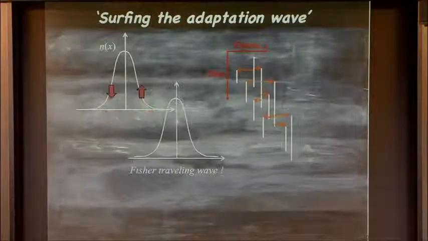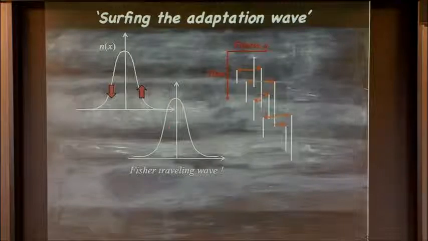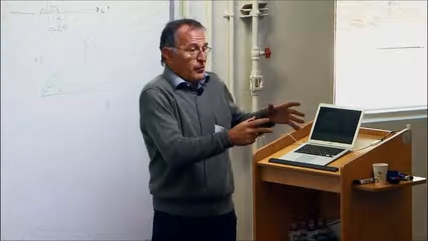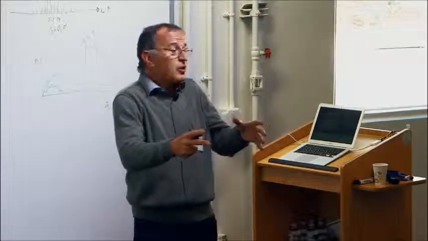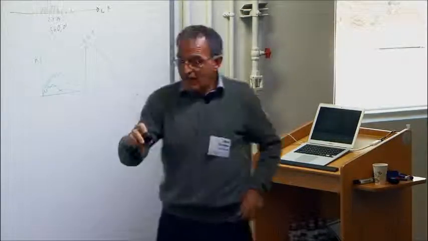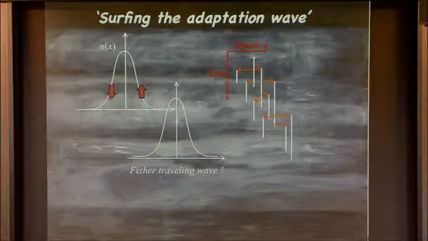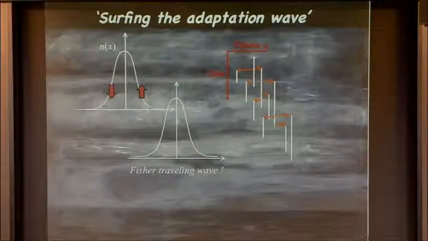And this, of course, is happening alongside this adaptive shift in the whole population, which we know how to describe as a Fisher traveling wave. Of course, this Fisher traveling wave is a very mean field description, which really pays no heed to fluctuations, whereas my picture here is really trying to zoom in on the fluctuations.